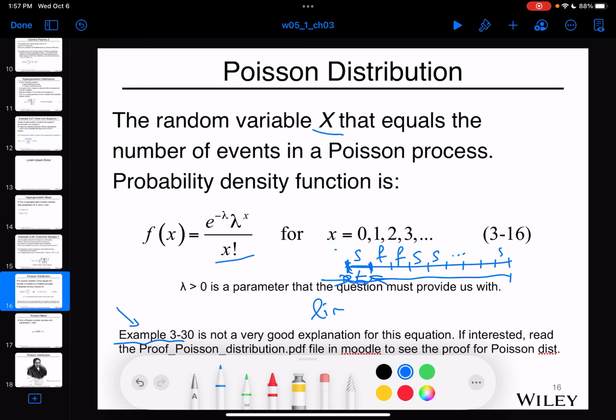So these intervals become smaller and smaller, and you calculate the limit of binomial as this delta t goes to 0, and that becomes Poisson, right? So there's actually a reason this Poisson distribution happens in real life, right? And this is the reason, right?